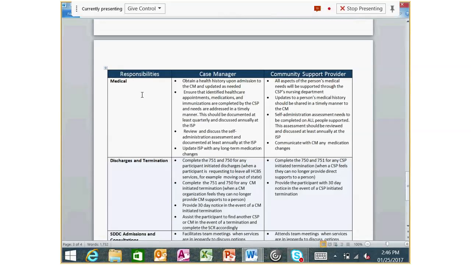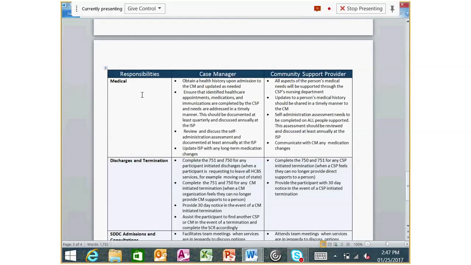If that person self-administers and they have a controlled substance, conversation should also occur at the ISP about proper storage of that medication. Just like you and I, we can store our medications how we would like, so if someone self-administers, as long as the team agrees, they can be stored however is appropriate for that person.